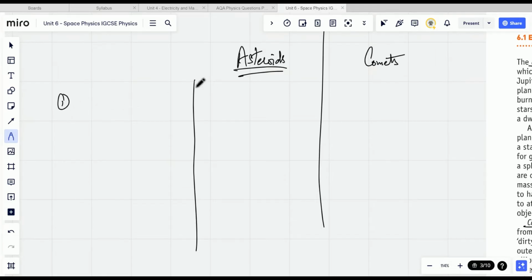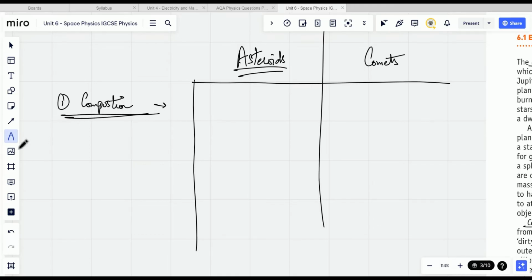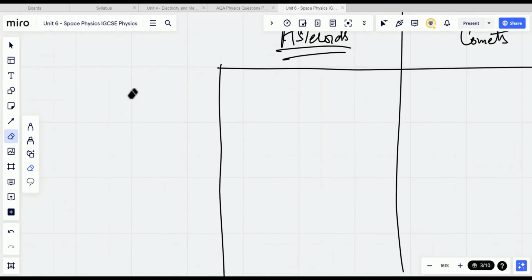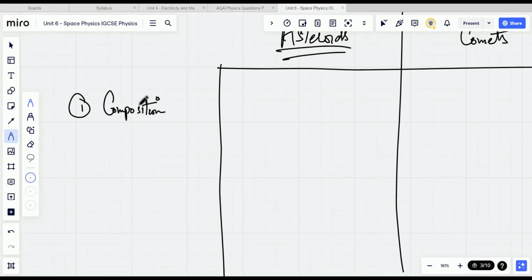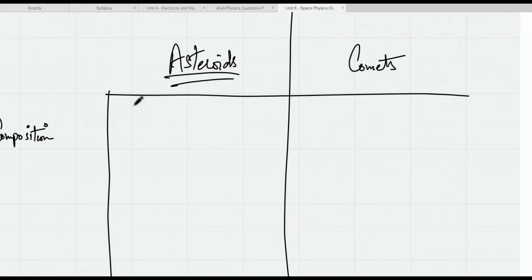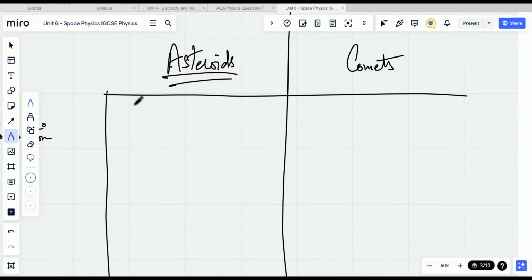One minute, I'll write it more properly because you'll have to learn this as well. Composition: asteroids are mainly made up of metals and rocks. This is the main thing that you need to remember.